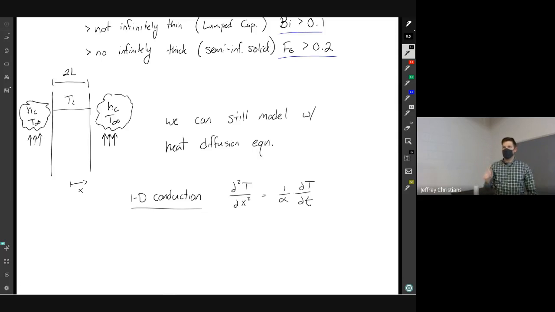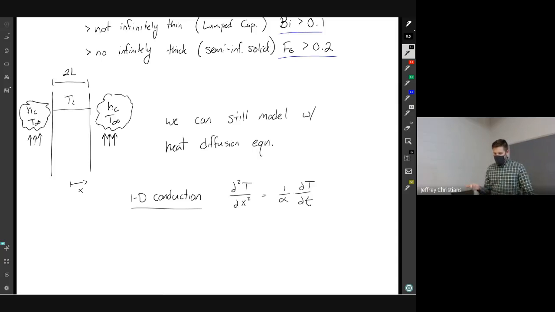They're the little funky looking d's because it's a partial derivative, because temperature is changing not with just a single variable, it's changing with two variables: both time and space. That's why we get a partial derivative, and that's why we haven't wanted to jump into this and solve it right away. We don't have a normal differential, we have this partial differential, and we can't use a special trick like we did in the semi-infinite solid where we used the similarity solution and changed it from a partial derivative to a normal derivative. We actually have to deal with the partial derivative.